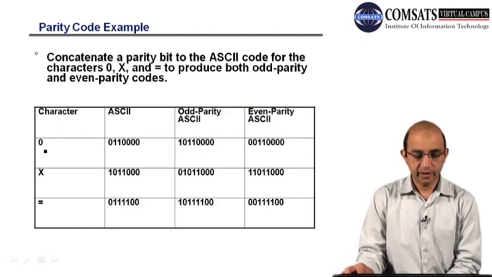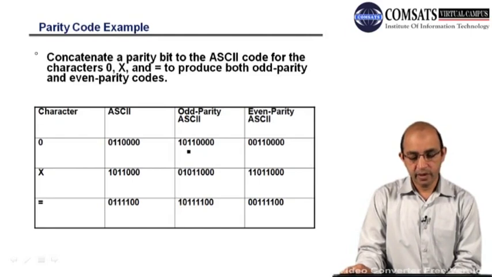So we have a character here. This is the ASCII equivalent, right? And in this column we are using the odd parity, and in this column we are using the even parity, right? So this is the ASCII equivalent of this character, and you know that we have an even number of ones, but we have used odd parity here.